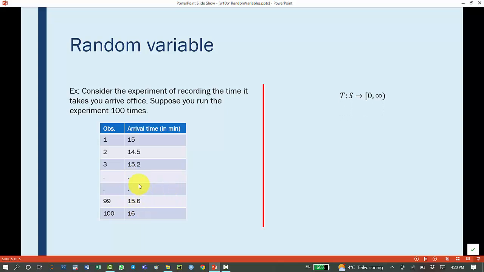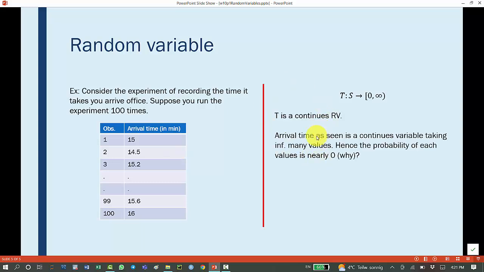As you can see here, if we define a random variable T from S to the interval from 0 to infinity as the time it takes you to arrive at office, it is actually a continuous random variable because the time you need can take any value bigger than 0. In fact, theoretically 0 or bigger than 0.